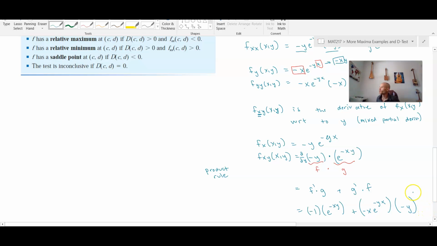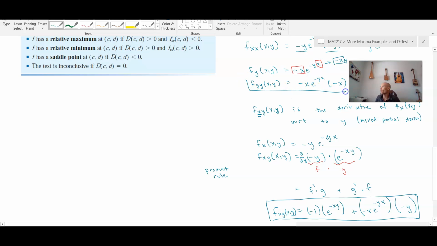All right, so we have all the pieces that we need to compute our D-test value, and we'll talk about in just a moment what that looks like. But so far I have all the partial derivatives that I need.